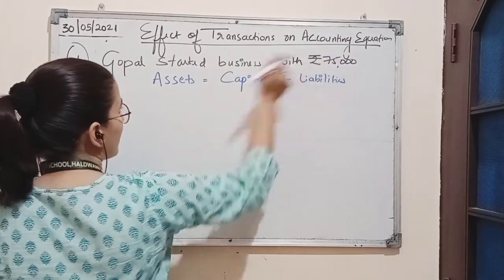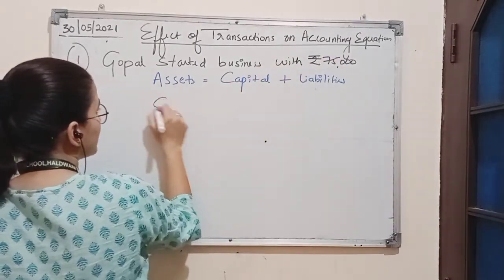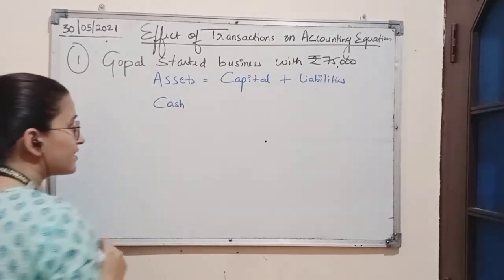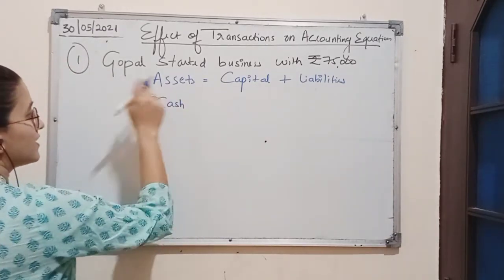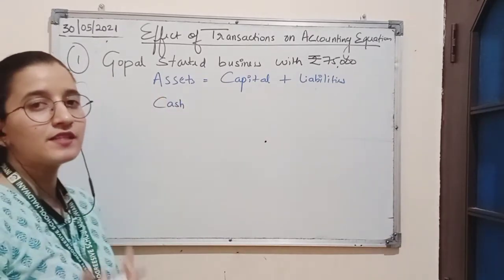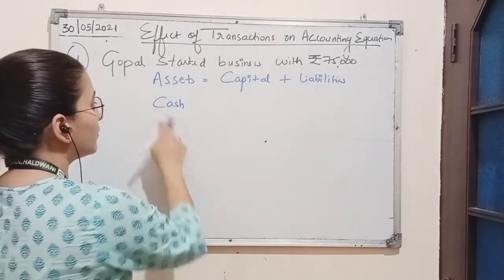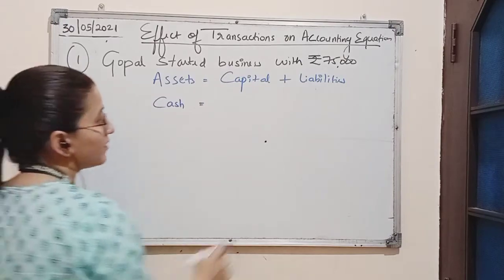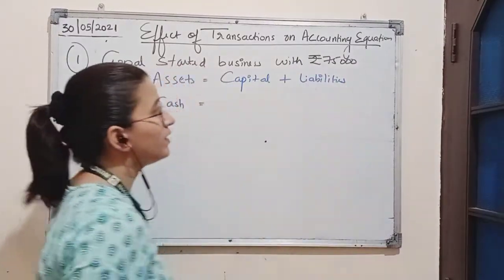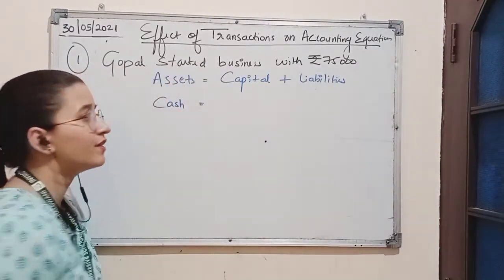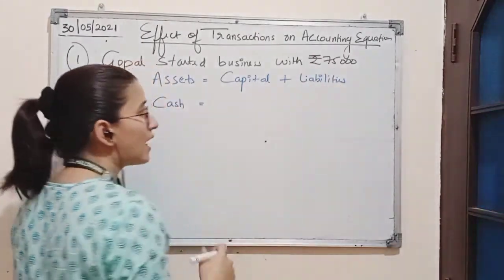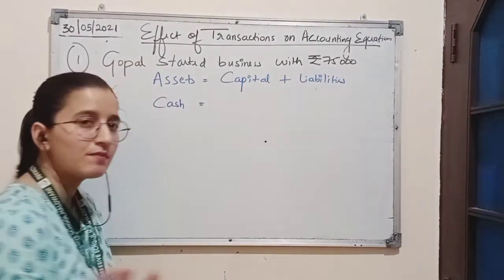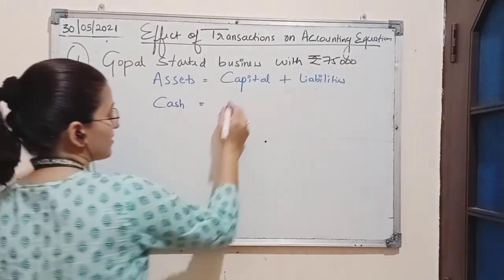So this 75,000 will be considered as cash, and cash comes in the category of assets. Why? Because assets means anything which can be converted into cash, right? At the same time, this amount is a claim against the firm in the form of capital. This amount at the same time is the capital for the business.